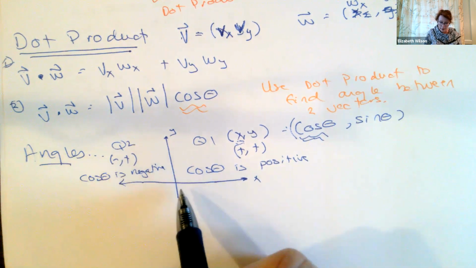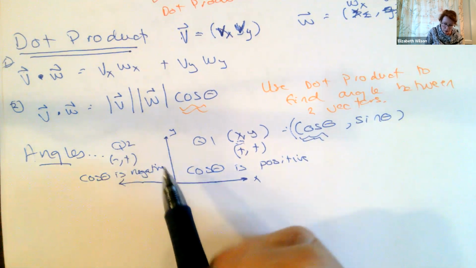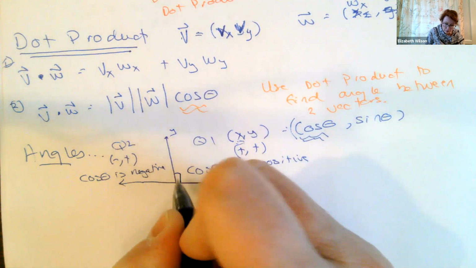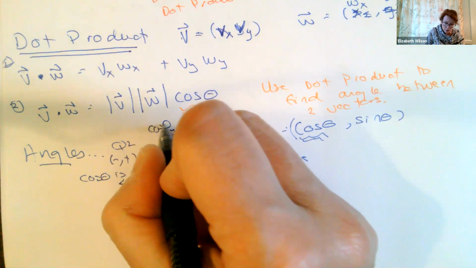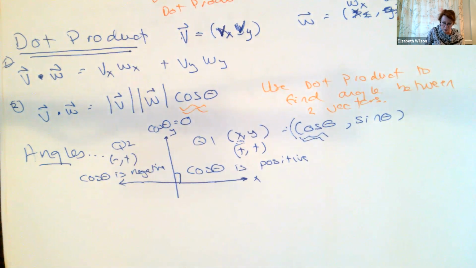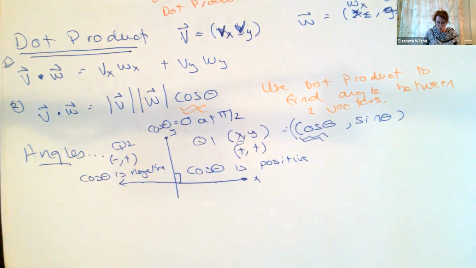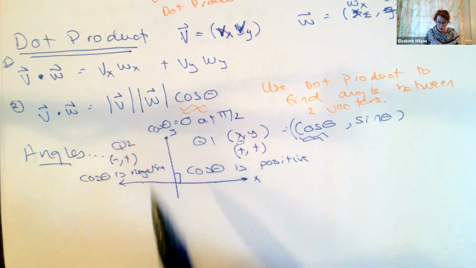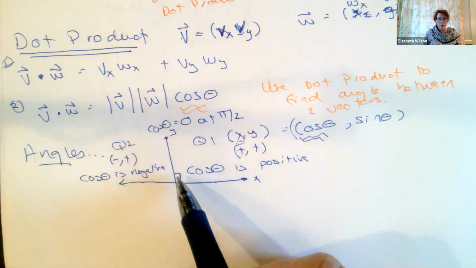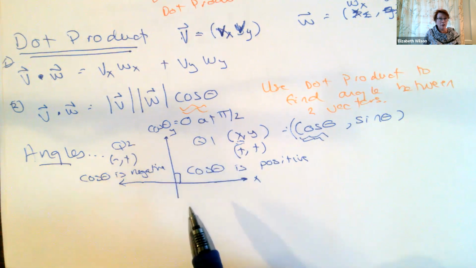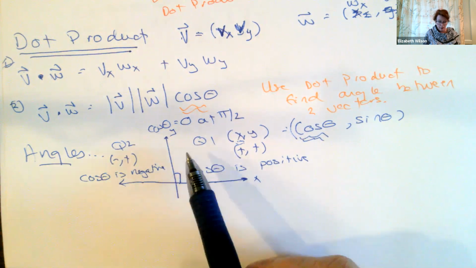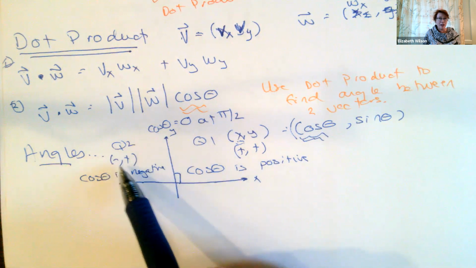So remember that. Now, at 90 degrees, our cosine of theta equals 0. At 90 degrees, or we have to be in radians, at pi over 2, cosine of theta equals 0. In quadrant 1, we're dealing with angles that are acute. They're between 0 and 90. In quadrant 2, we're dealing with angles that are obtuse.